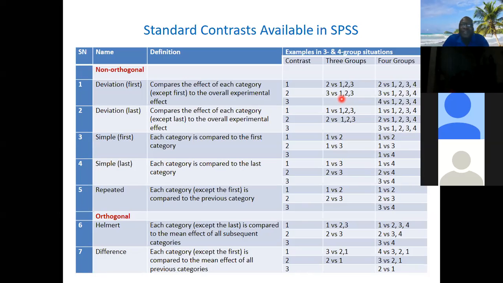But that except first, will it not affect? Maybe when we start practicing and doing it. To be sincere with you, orthogonal contrast makes more sense, because when you compare two with all of them, you are comparing two with the average of them.